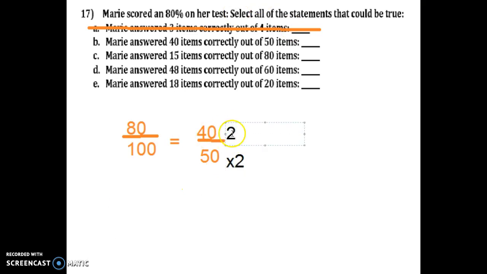If I multiply the bottom by 2, I have to multiply the top by 2. And what would that leave me with? 40 times 2 is 80. 50 times 2 is 100. Put your line right there. Is that the same as 80 over 100? It sure is. So I'm going to say yes here. Put a check mark or whatever mark you want to put right there. That's how you're going to do these.